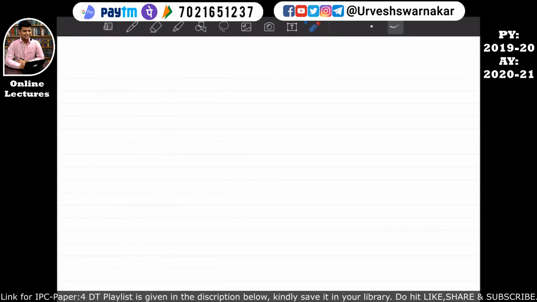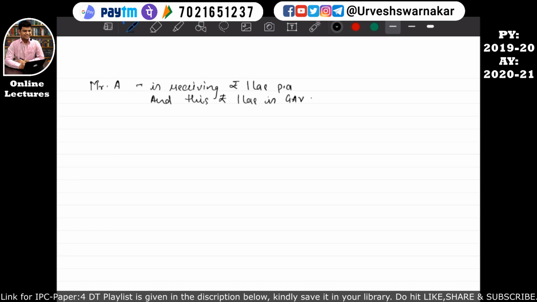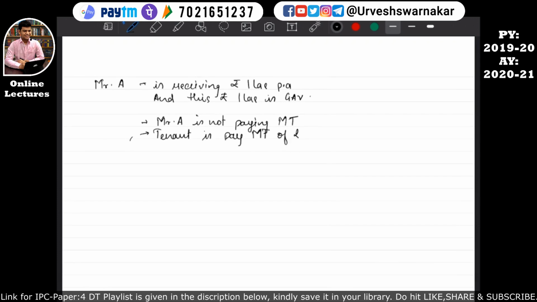So let's understand it over here. For example, if Mr. A is receiving rupees 1 lakh per annum, and this rupees 1 lakh is GAV, and Mr. A is not paying municipal taxes, the tenant is paying municipal taxes of rupees 10,000 per annum, then this GAV will not be reduced by municipal taxes.